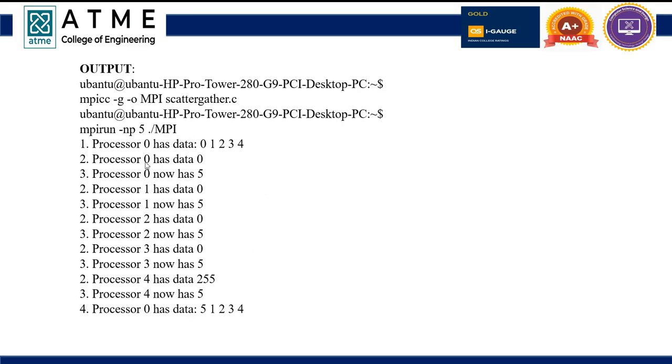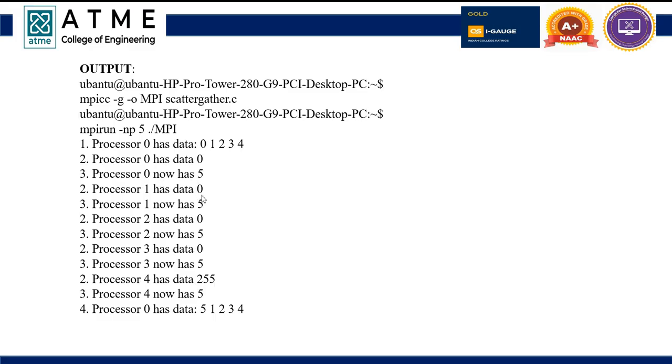The output will be like this once it is run on Ubuntu OS. Compile with mpicc, which is the compiler, with -g and -o, mpi_scatter_gather.c, which is the program name, and run with 5 processes. Process 0 has the data 0, 1, 2, 3, 4. Now process 0 receives data 0, and now it has 5.